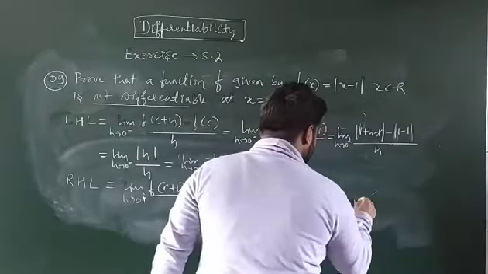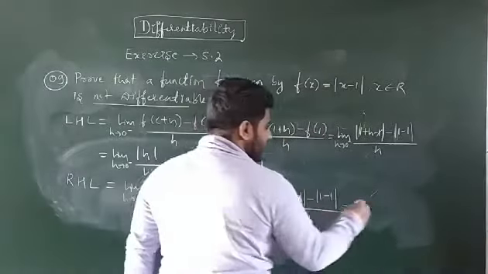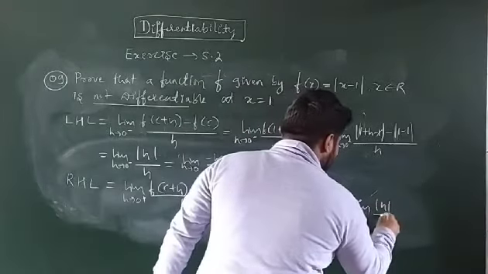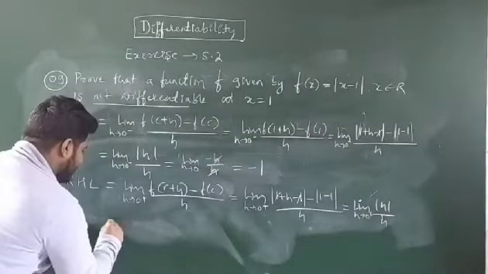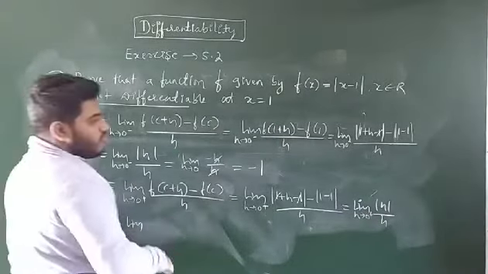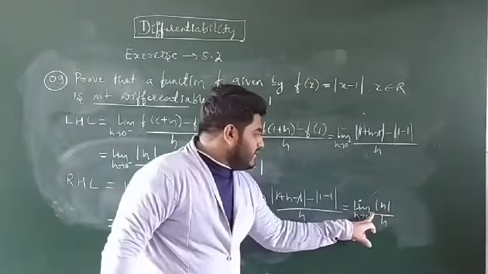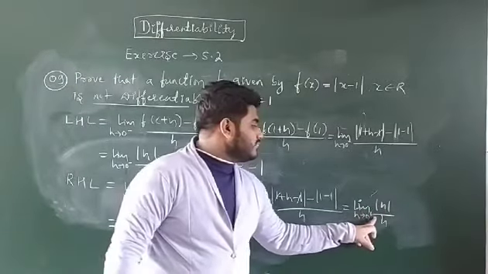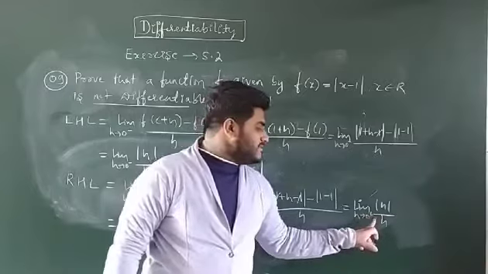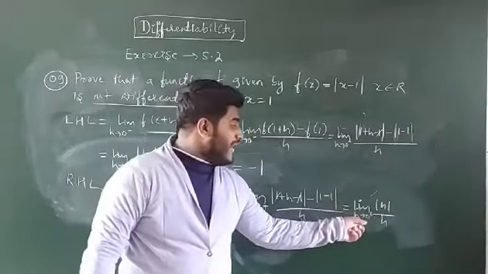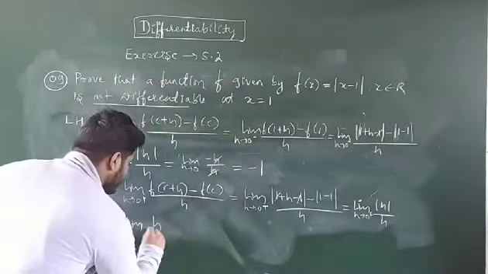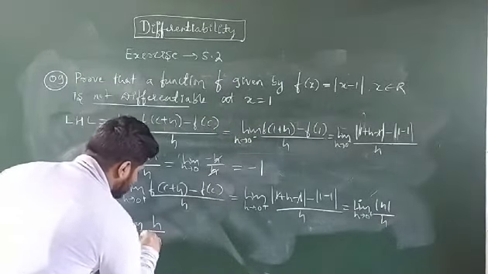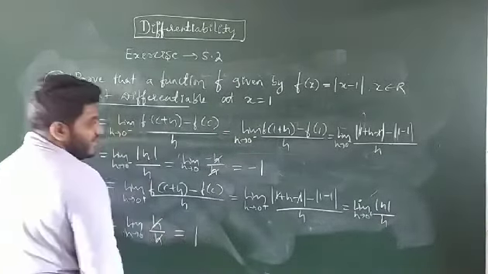Limit, this one again cancel, mod h divided by h as h tending to 0 plus. If you simplify, when h is 0 plus, that means positive value. When this is positive, the mod value is also positive. h by h, h tending to 0, h gets cancelled. We are getting 1.